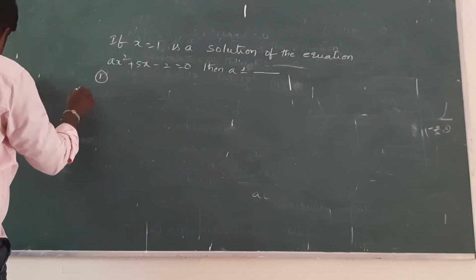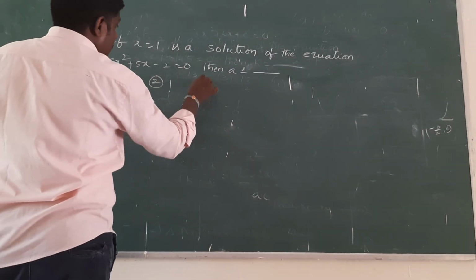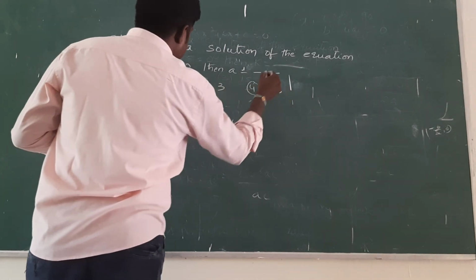The first option is 0, the second option is 1, the third option is 3, the fourth option is minus 3.